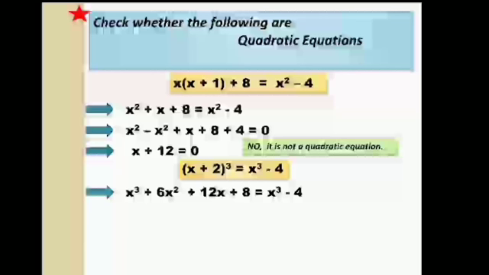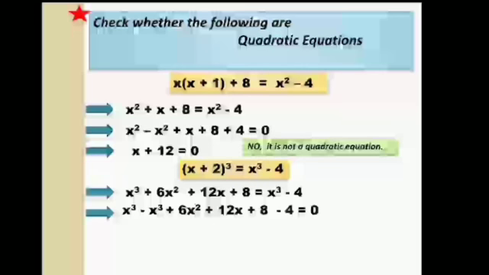It means for solving this type of question, you have to revise all the identities. Now again we will shift all the terms from the right hand side to the left hand side and we will get x cube minus x cube. We will arrange like terms, plus 6x square plus 12x plus 8 minus 4 equals 0.